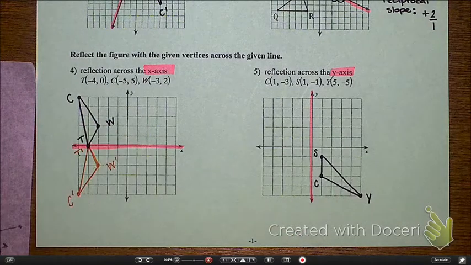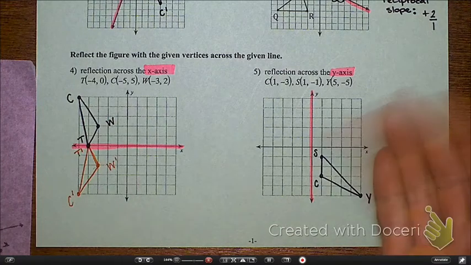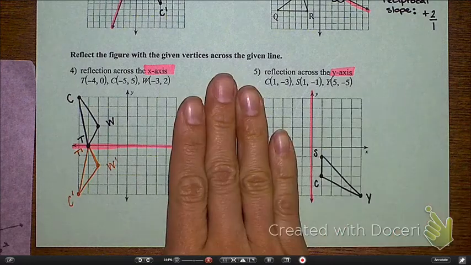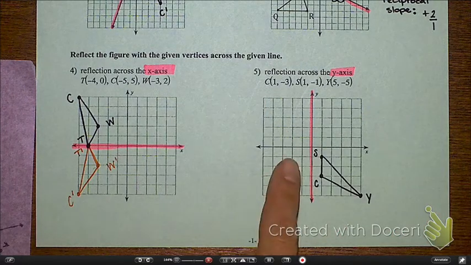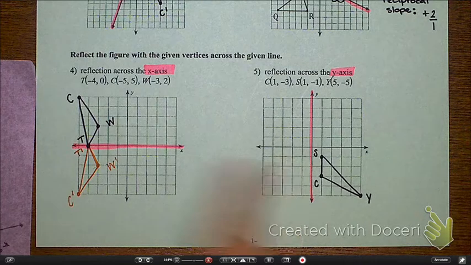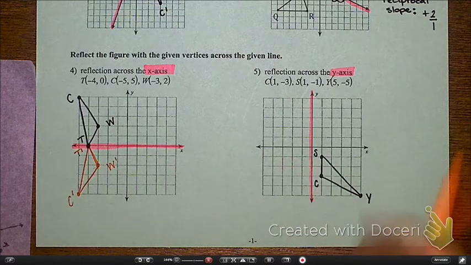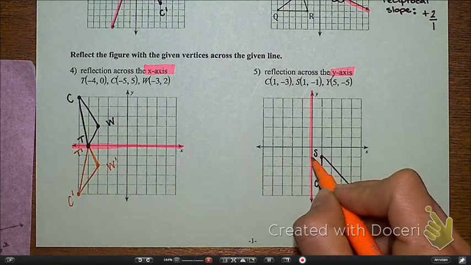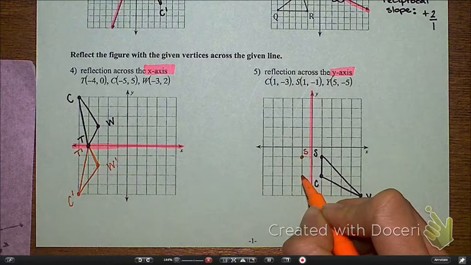Okay. All right, so let's go ahead and flip this. We're going to flip it over the y-axis, so it's going to end up somewhere over here in this area, right? I'm going to count straight across, or I can use my trace paper. If I'm counting, it's 1 and then 1. And for point C, it's 1 and then 1.